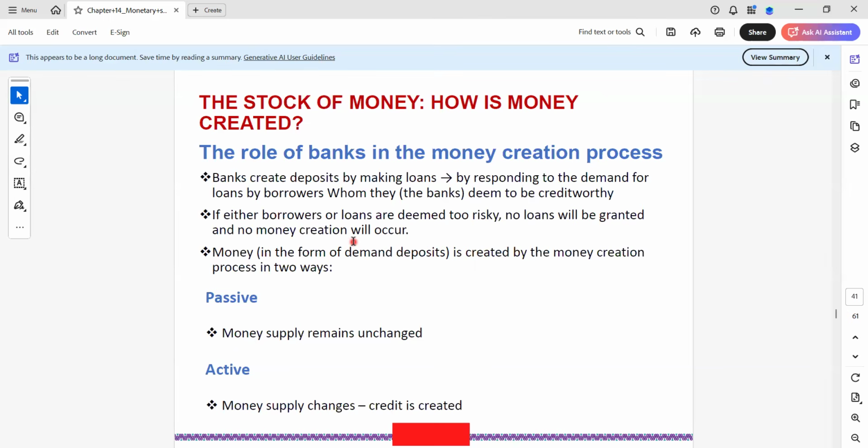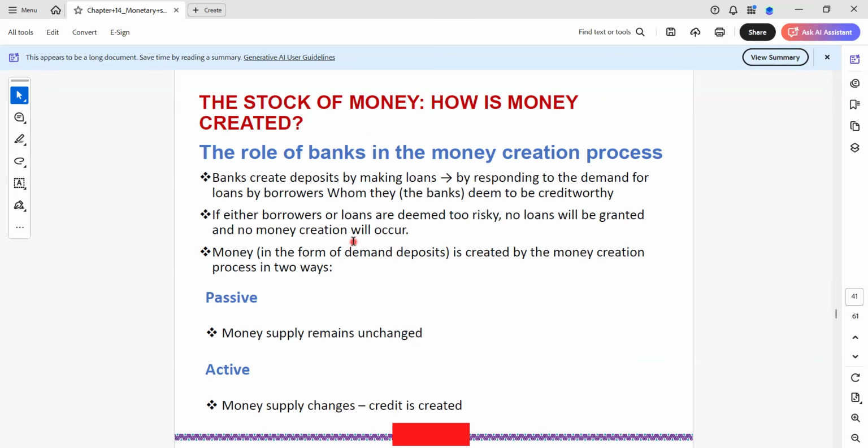So if they do a background check and see that you cannot pay back this money, then no loan will be granted to you. Obviously, for example, I cannot go to the bank and borrow maybe 100,000. But yeah, you get it.